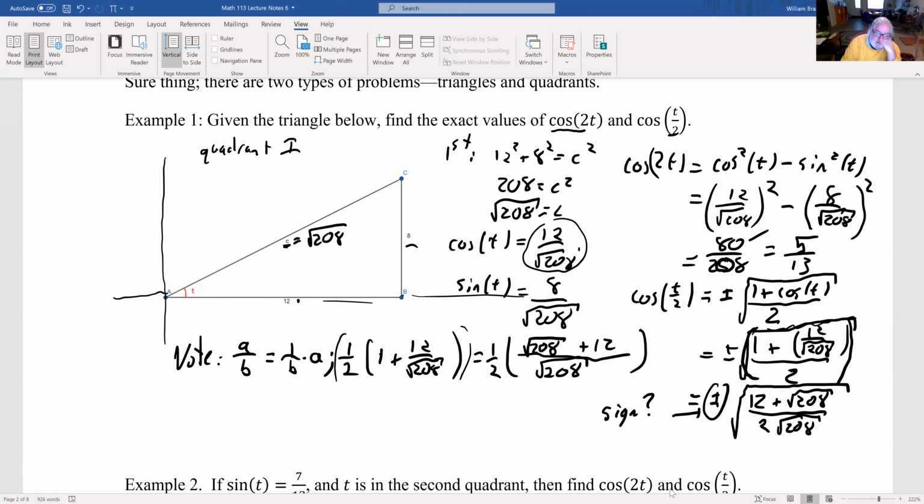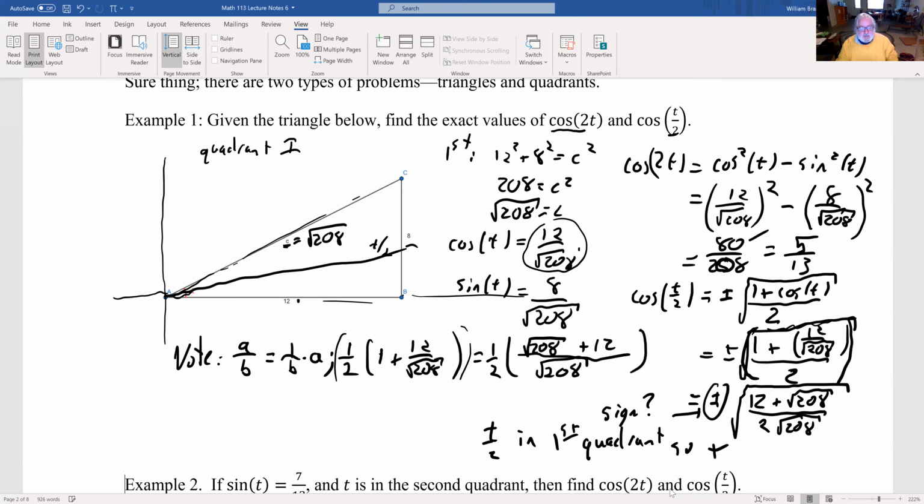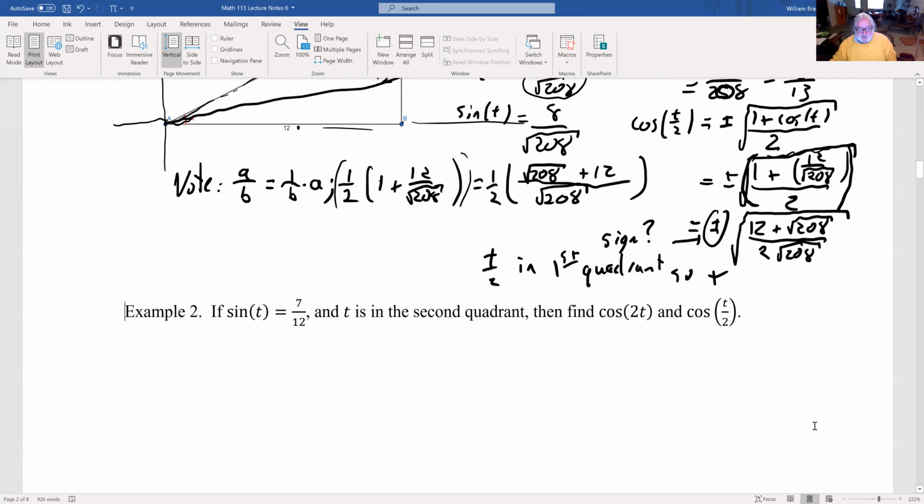Well, t is in the first quadrant. T over 2 is half that angle, so that'd be like here somewhere. So t over 2 is in the first quadrant. So we take the plus sign because cosine is positive there. Okay, so a little bit about simplification there.